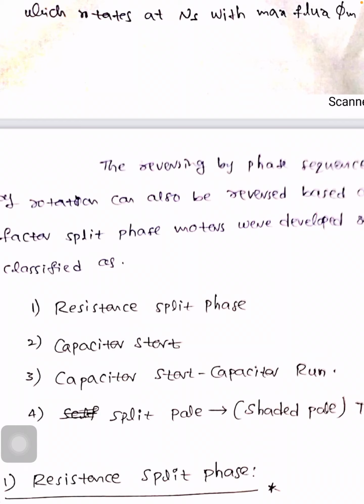Here also the capacitor is disconnected under the running condition, whenever the motor reaches 70% of its rated speed.